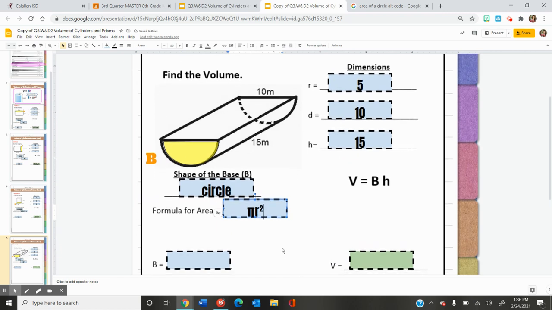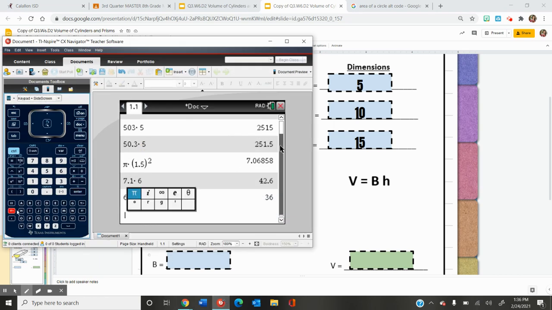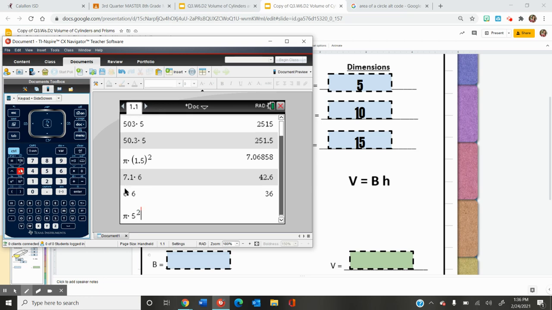So first thing I need to do is find the area of my base. Here, the area of my base is pi times r, which is 5 squared. So coming down here to my calculator, I'm going to press pi times 5 squared.